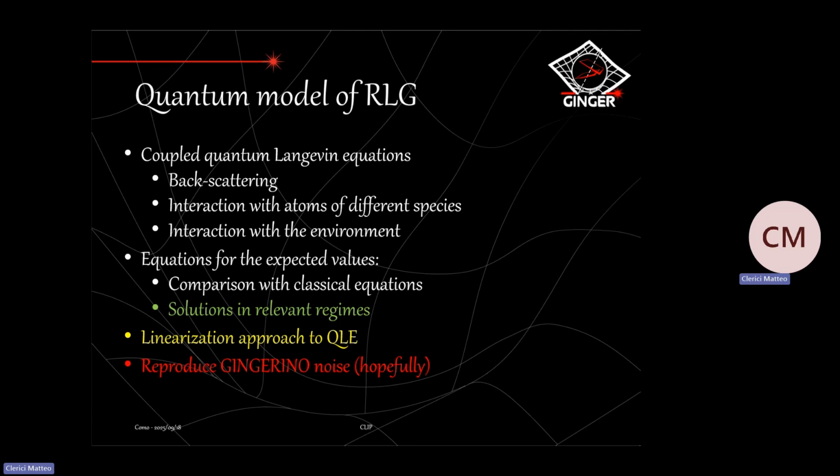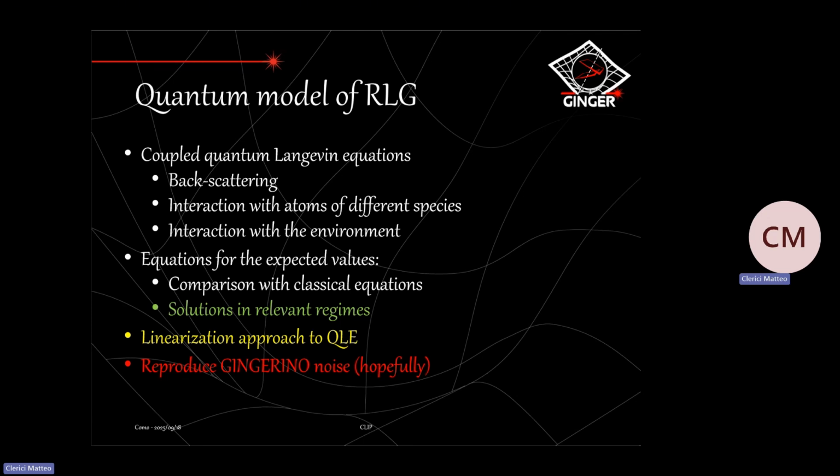So we have set up the equation, the quantum Langevin equation. All the terms have been checked and discussed at length for the physics behind them, and we were able to retrieve the classical equation from the quantum model.